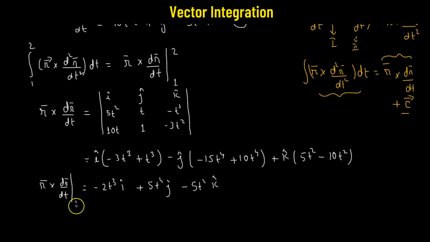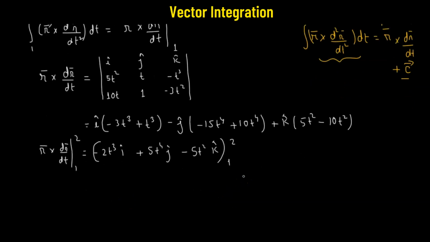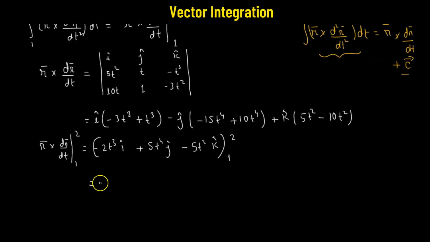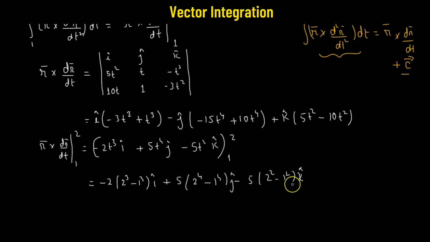Now we will compute at the endpoints. So we will also compute the value of this vector at the endpoints. So let's do that. So this is going to give us negative 2 times, so we have t cubed, so that will be 2 cubed minus 1 cubed i cap plus 5 times t to the power of 4 will become 2 to the power of 4 minus 1 to the power of 4 j cap minus 5 times t squared, so that's 2 squared minus 1 squared multiplied to k cap.